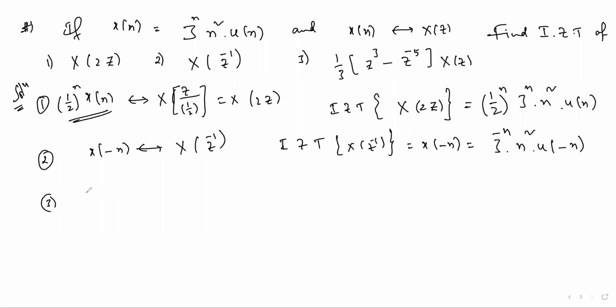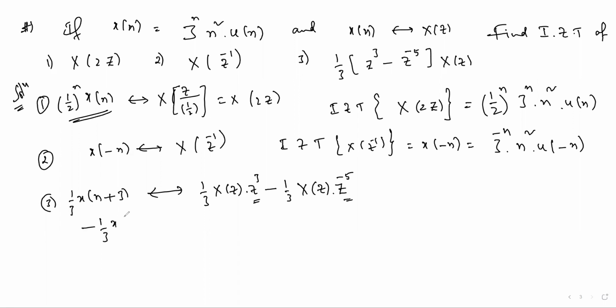Similarly, third one. Here this is 1/3 X of z cube minus 1/3 X of z multiplied by z raised to -5. We know that multiplying with z expression is a time shifting. So here it is 1/3 x of n plus 3 minus 1/3 x of n minus 5, with the same signature in time shifting.